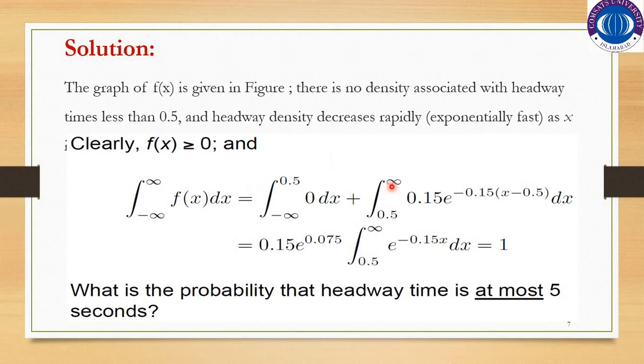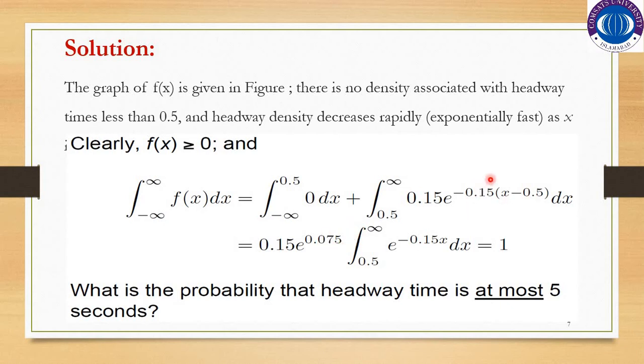Now 0.5 to infinity. So you will integrate 0.15 into (x minus 0.5). If you open this bracket, what will happen? The 0.15 will go inside the bracket, multiplied by this x. This minus minus will come to plus, and 0.15 into 0.5 will lead to 0.075.